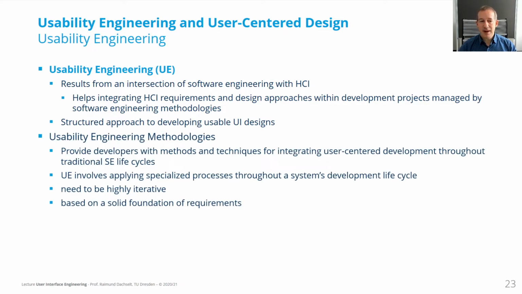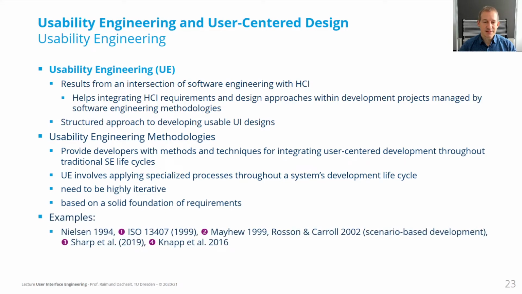There are several methodologies for usability engineering which help developers with certain techniques, steps, methods, phases for integrating user-centered development throughout traditional software engineering life cycles. And they need to be highly iterative, that's very important, and of course based on a solid foundation of requirements.